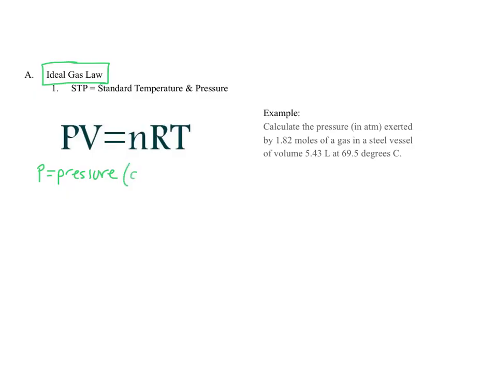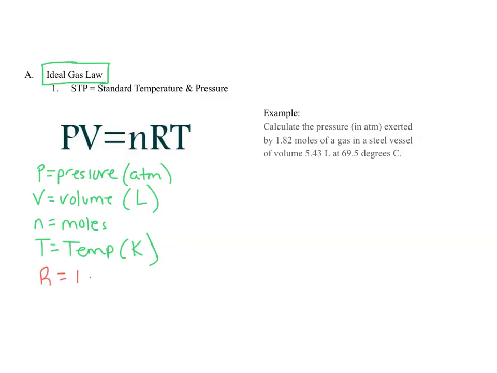You have to plug in atmospheres for pressure in this equation. For our volume, you have to plug in liters. You cannot plug in milliliters. You can't plug in anything else. N represents our number of moles, and T is temperature, which has to be in Kelvin, just like in our other equations.